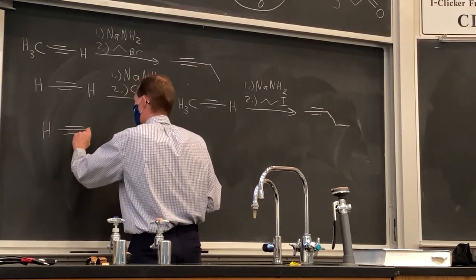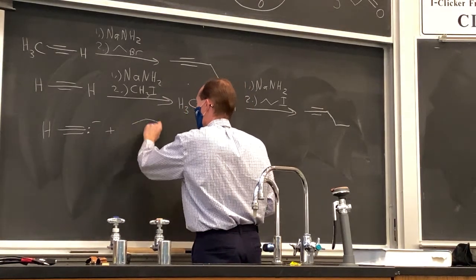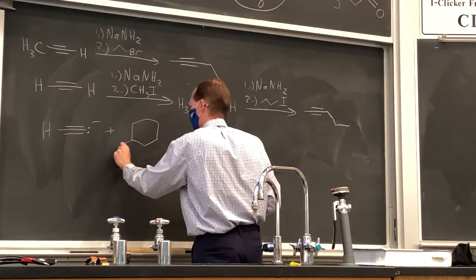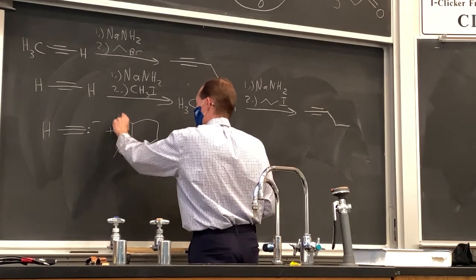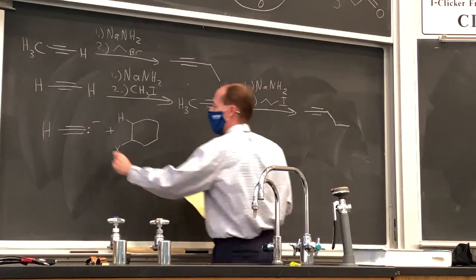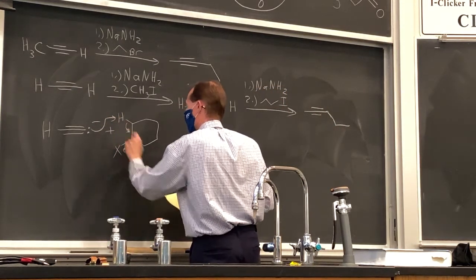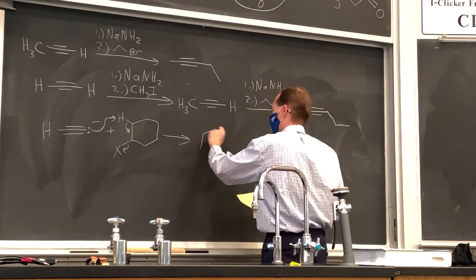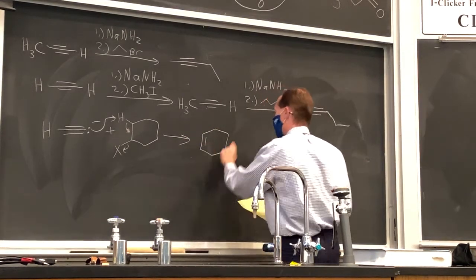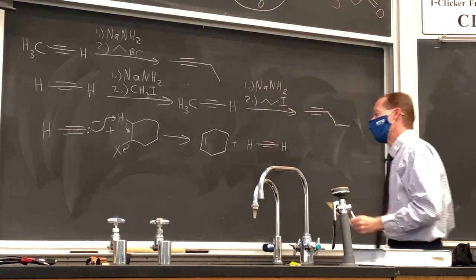If you were to react an acetylide ion with a secondary alkyl halide, such as this one, instead of substitution, we would just see an E2 reaction. It would give us an alkene, and we just get our acetylene back.